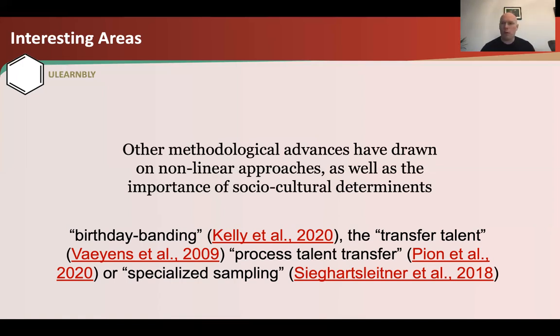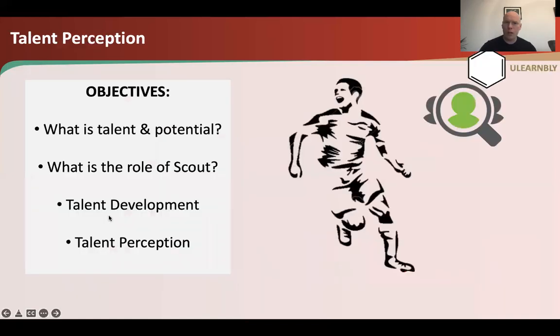How do we recruit people? So going into the objectives of this course, we're going to talk about what is talent, what is potential, what's the role of the scout, or it has multiple titles, talent detector, talent reporter. I've seen it all.